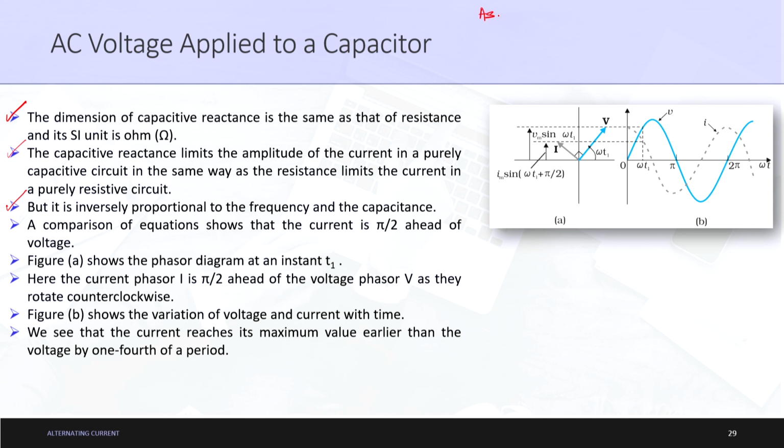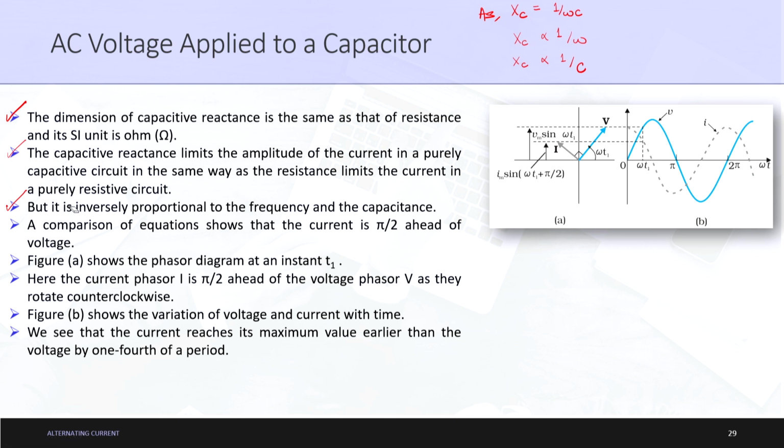Please remember X c, c denotes the capacitor. X c is equal to 1 upon omega c. It is quite clear that X c is inversely proportional to omega, and similarly X c is inversely proportional to c also.